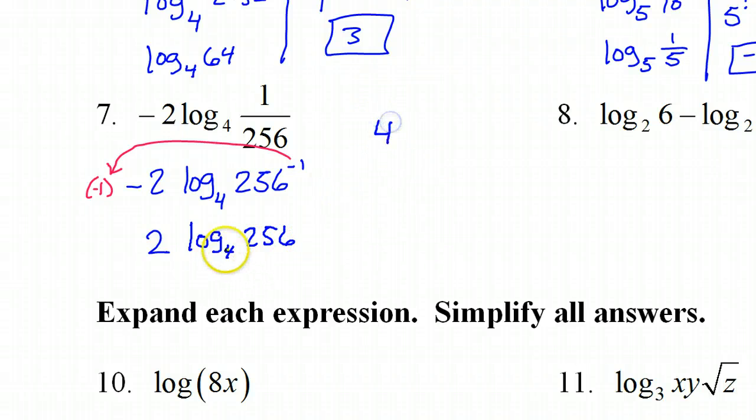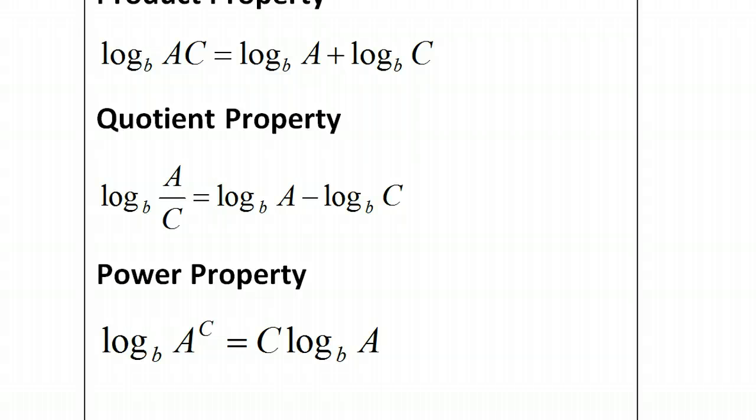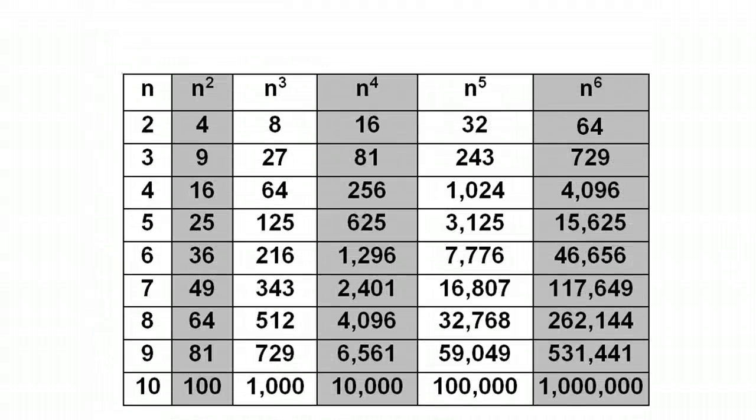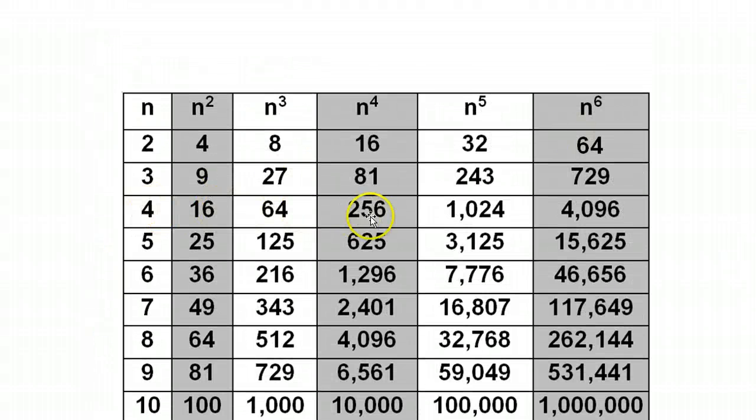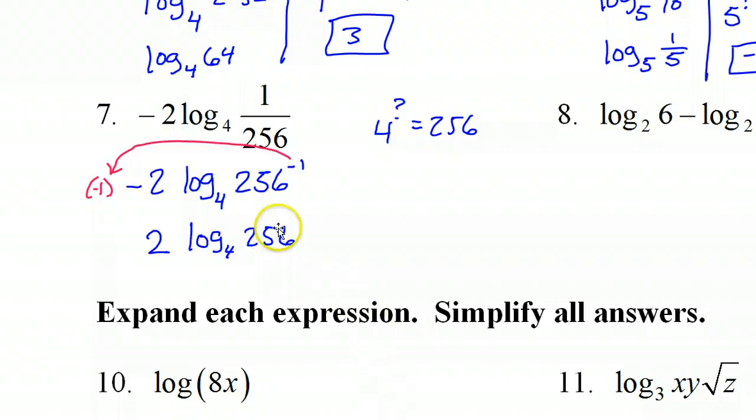You know what I'm saying? I'm looking at this and I know it means 4 to what power equals 256. Table, right? 4, 256, that's the 4th power. So 4 to the 4th power. So that means the answer to this question right here is 4.